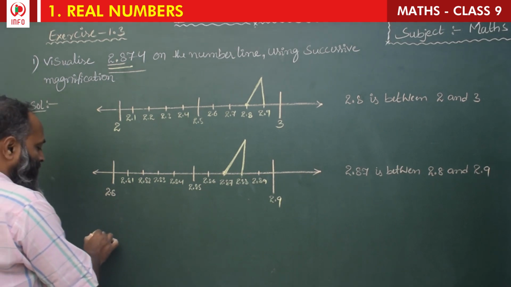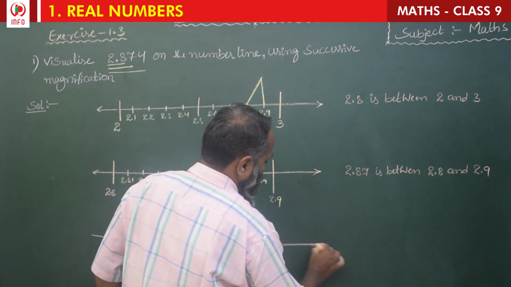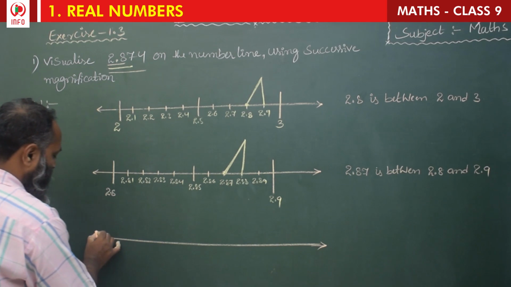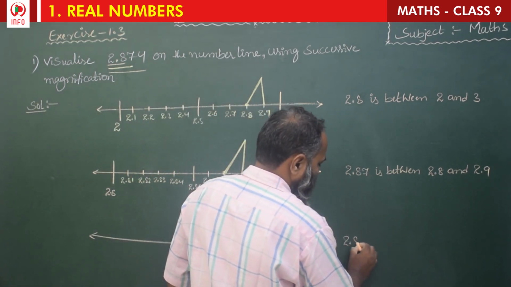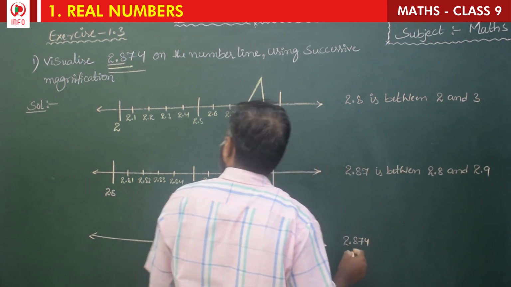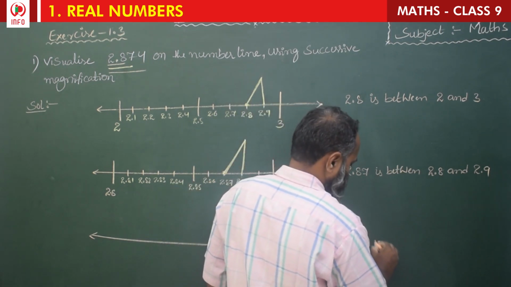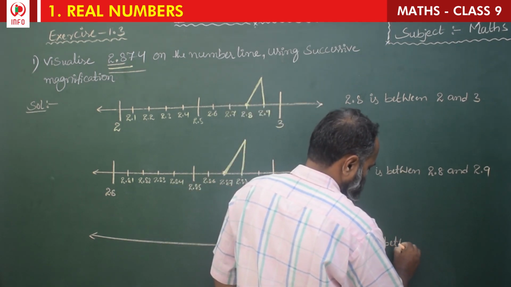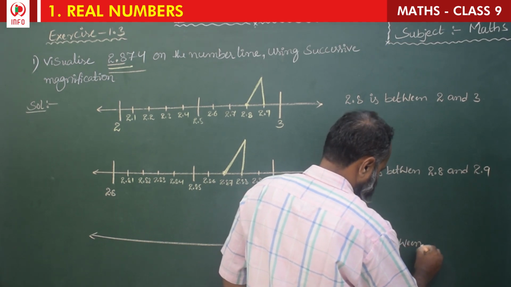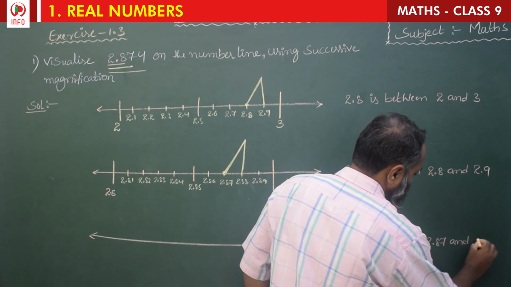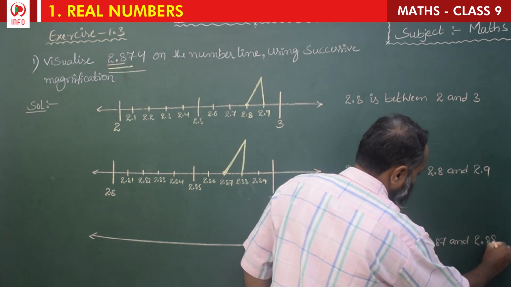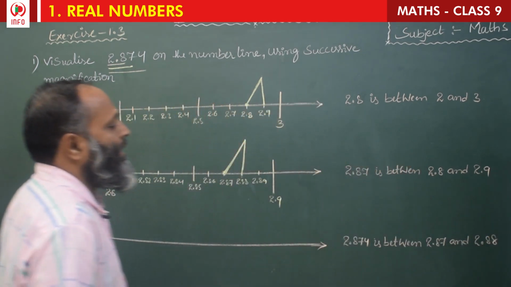So now we should take a number line again. Now here 2.874 is between 2.87 and 2.88.